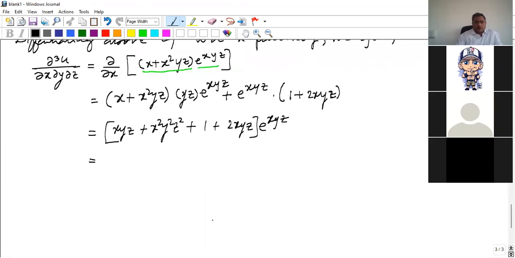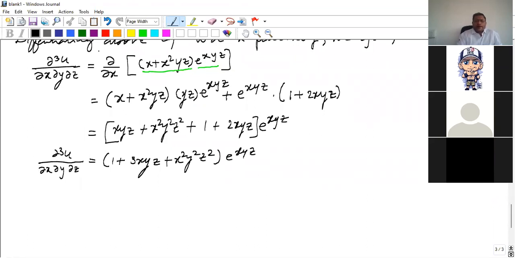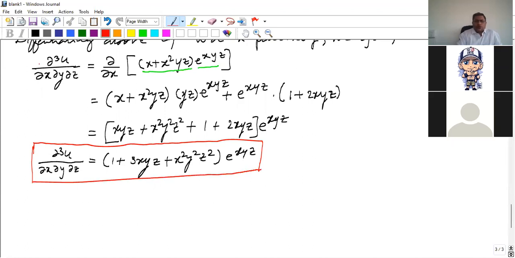So we got ∂³u/∂x∂y∂z equal to, what is the term we'll be having? (1 plus 3xyz plus x²y²z²) into e^(xyz). And this is the term that we wanted to calculate. So we got this term here.